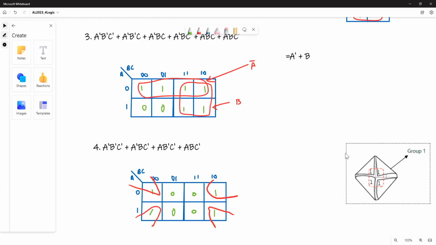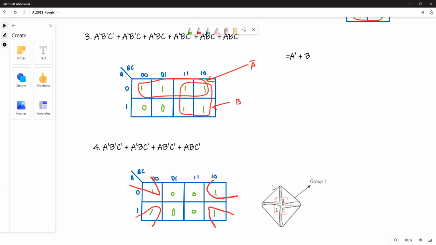If you put it like this, it will be one group. I will take them separately, but if you put everything together, it will be one group.